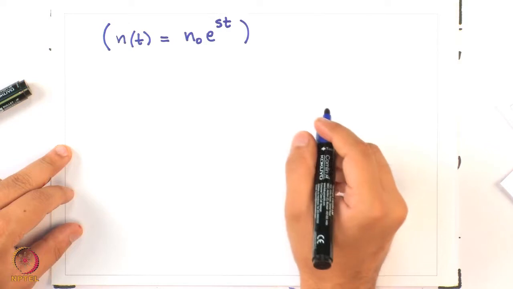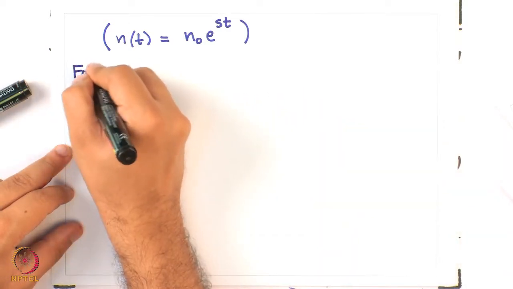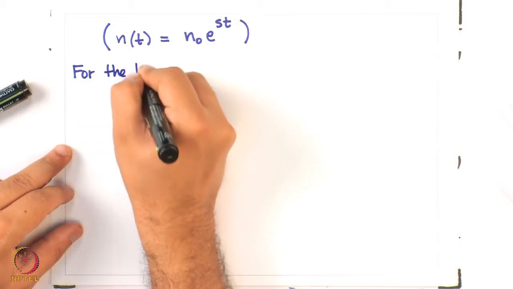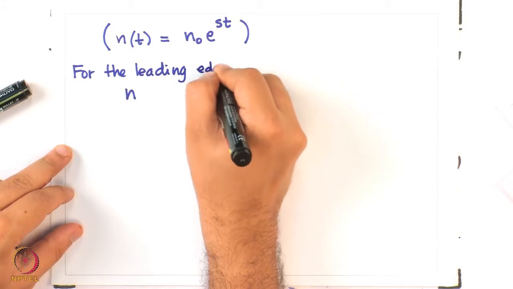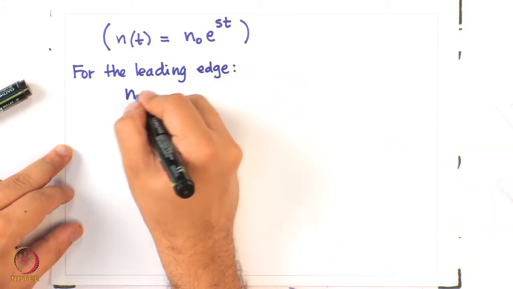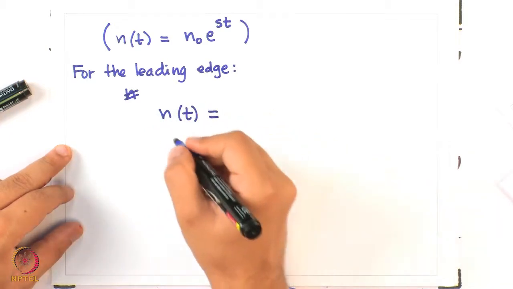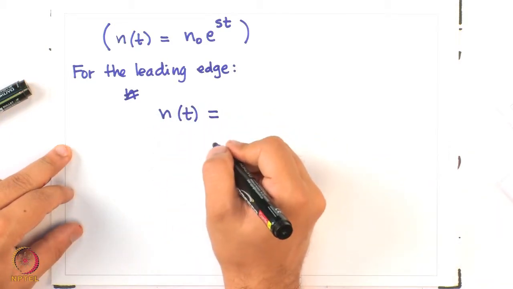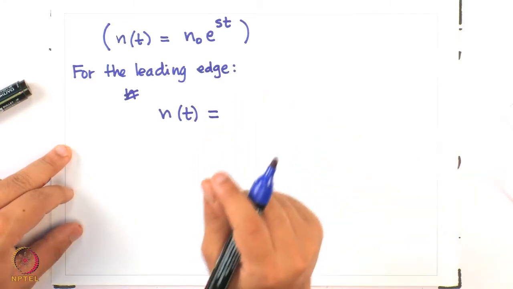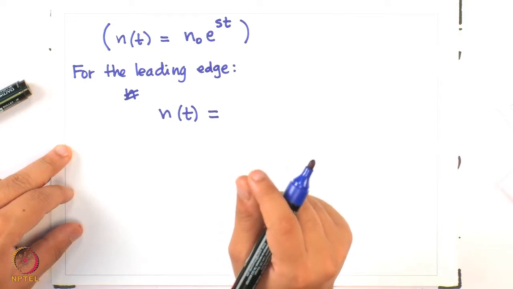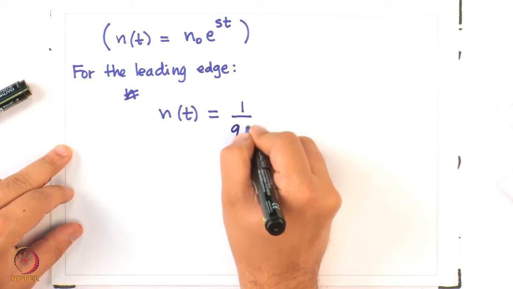For the particular case that we are interested in, we can write for the leading edge that N(t), the number of individuals belonging to the leading edge, is equal to N naught. Now, what is N naught? N naught is the number of individuals of the leading edge at the start, which is equal to 1 upon QS.